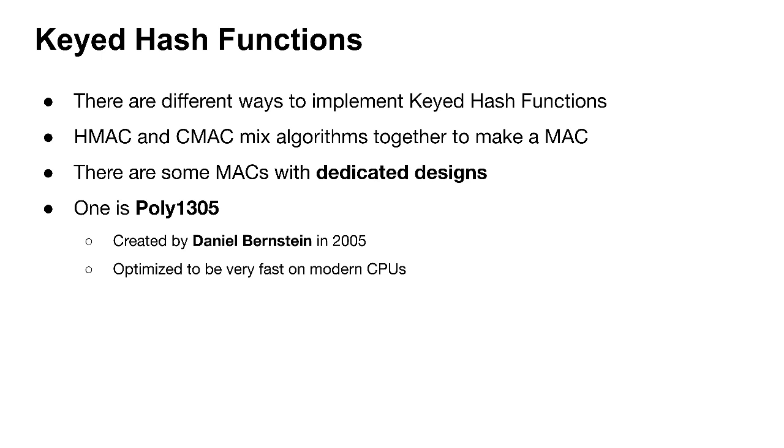It was optimized to be very fast on modern CPUs. Poly1305 doesn't have a NIST standard yet, so that's one algorithm that people can't yet take through the FIPS process. But people who aren't locked down by validations and certifications can definitely use these types of algorithms.